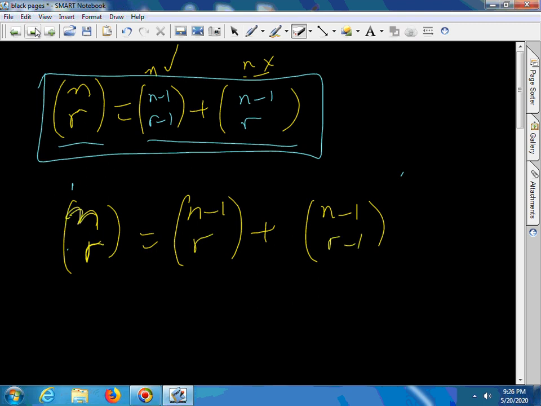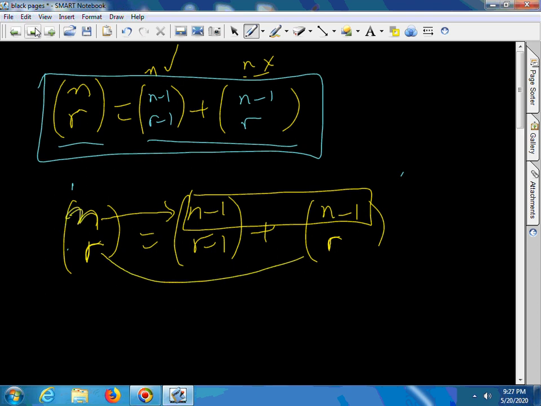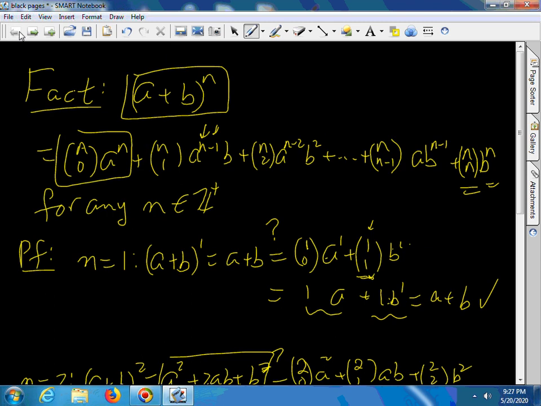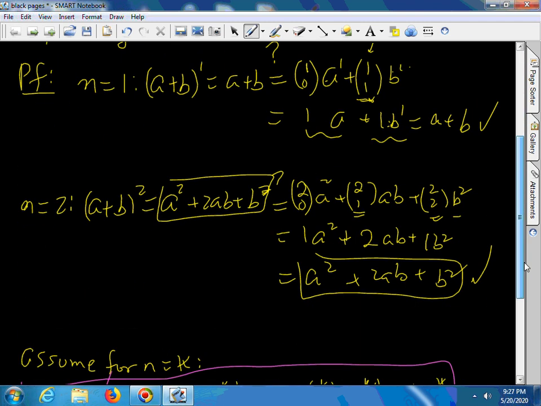In fact, just so it looks like what I have above, one of them stays r, and the other one becomes 1 less. Okay, the tops go down 1 and they're the same, and the bottom, they stay the same or they go down 1. But more importantly, it's valid because of the argument which I just gave.